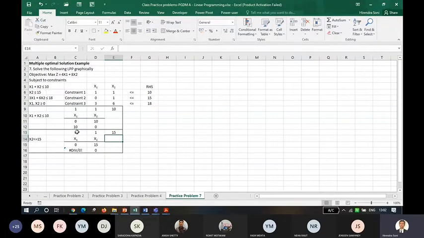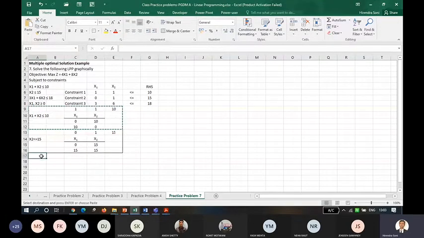So that means x2 will be 15 under all circumstances, irrespective of the value of x1. Clear? Are we okay up to this? Yes, sir. Okay.